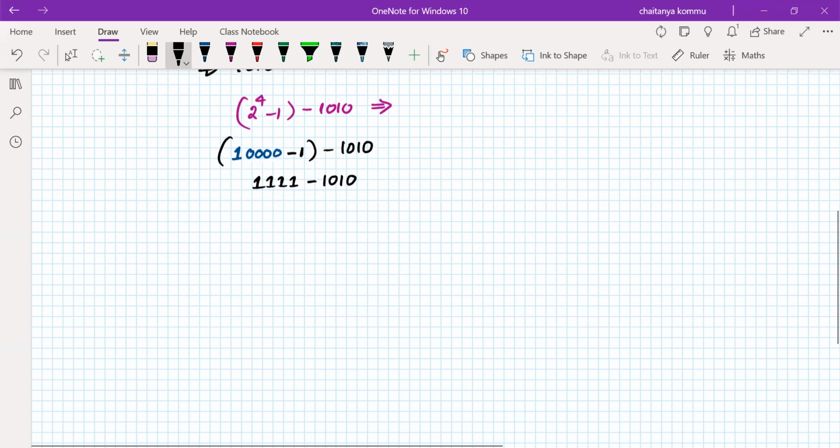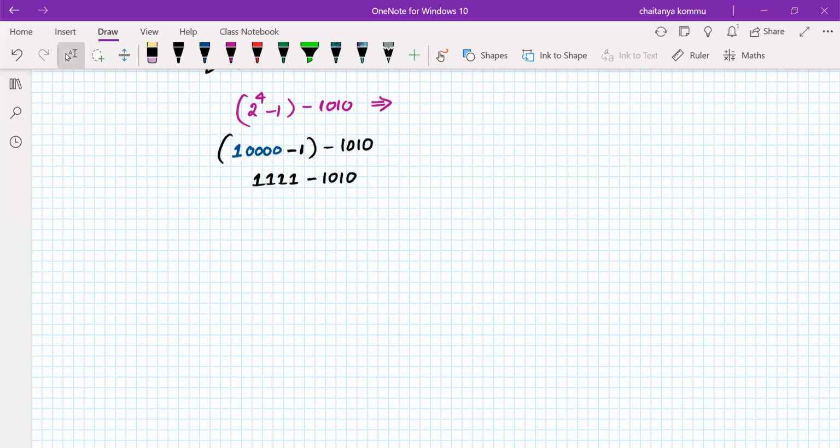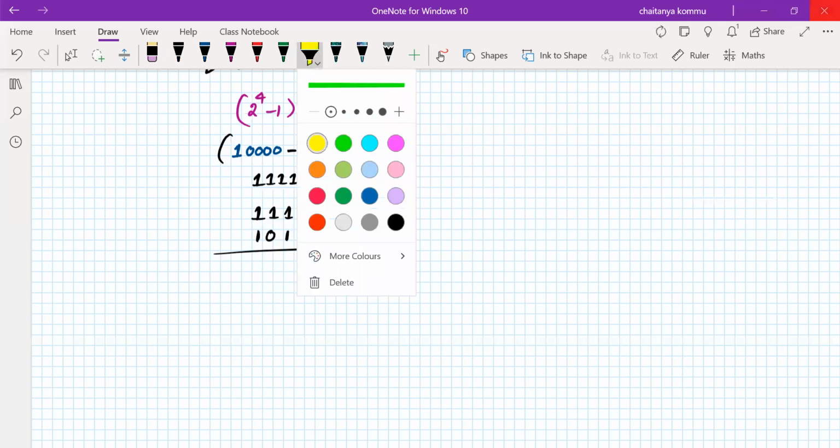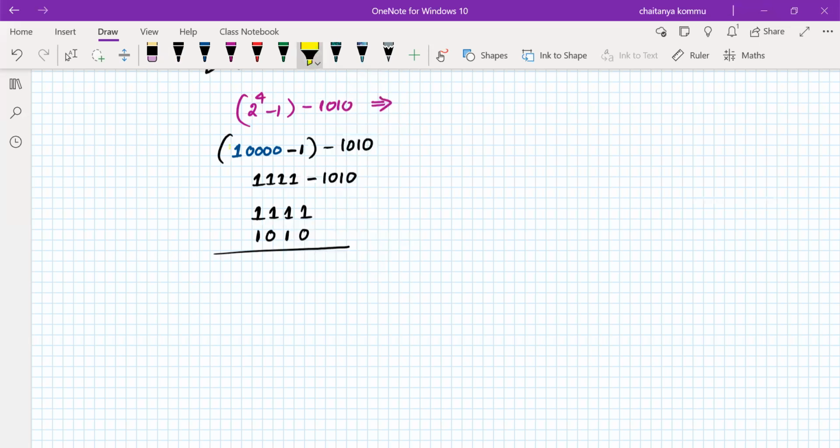So it is very easy to perform the subtraction from the higher value to the lower value. We did not take any kind of borrow in this case.